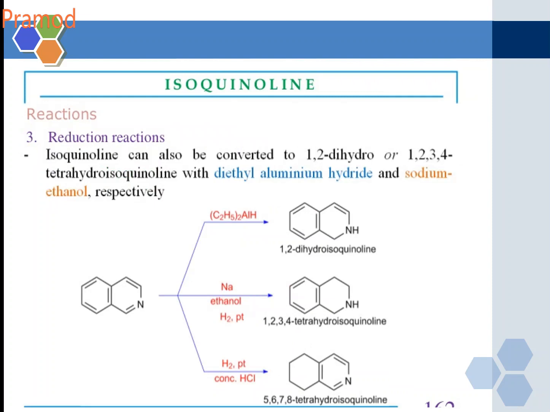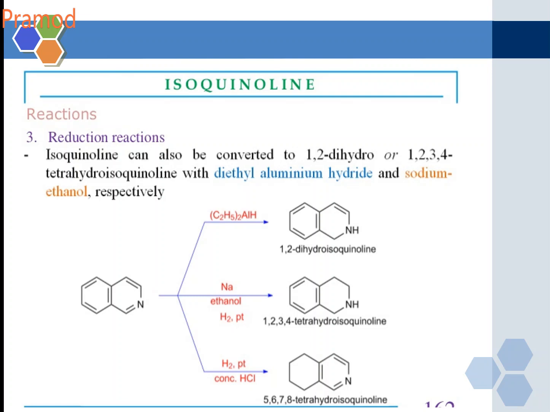Now the reduction. Under different conditions there will be different products. In case you take diethyl aluminum hydride, only 1,2-dihydroisoquinoline is formed. See the difference.